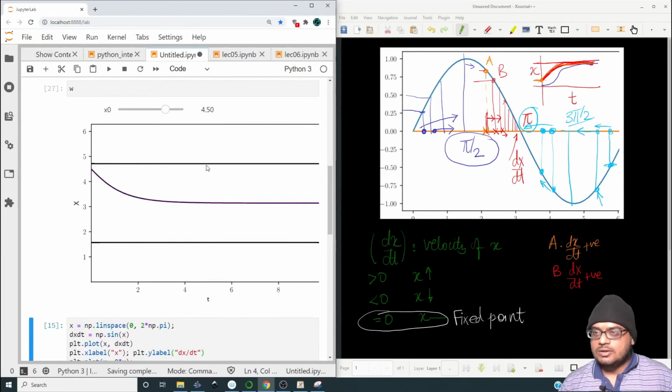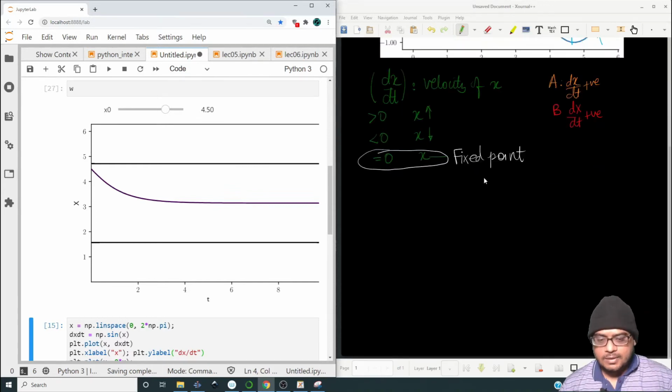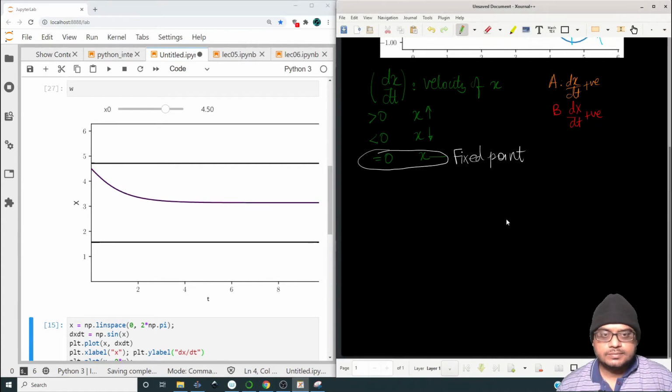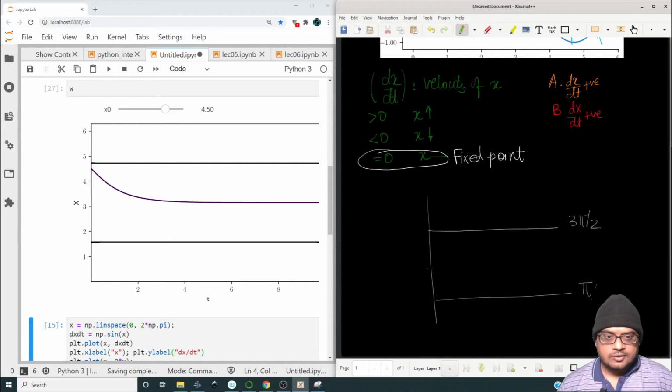Okay, so these are the two lines across which we expect a fundamental change in behavior. So this line is 3 pi by 2, this line is pi, this is pi by 2, this is pi, and this is the time axis.